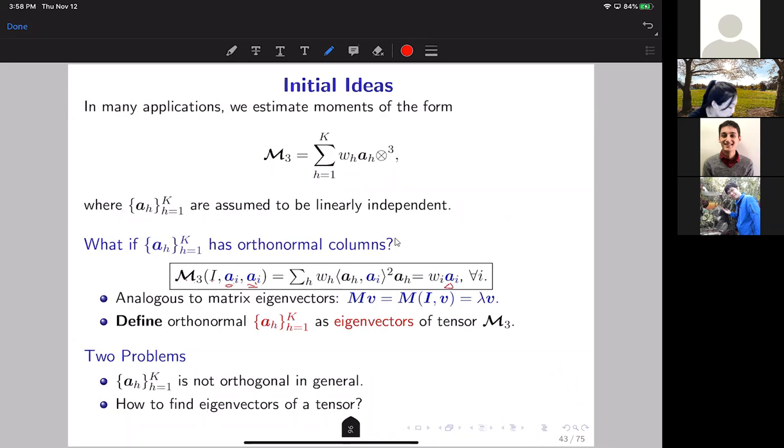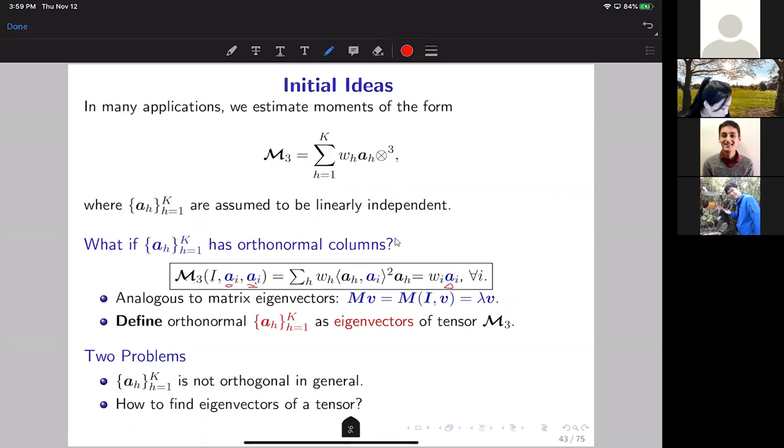So this is very similar to matrix eigenvectors. That's why we define the orthonormal AH as the eigenvectors of the tensor. Before we said those are components, right? If AHs are only linearly independent, these are components, and we didn't say these are eigenvectors. But now if they're orthonormal, we say these are eigenvectors of a tensor.